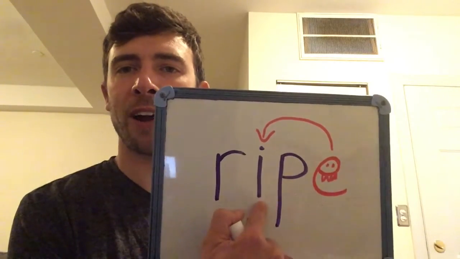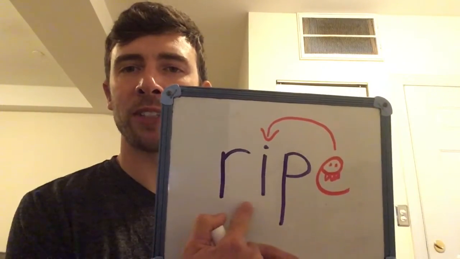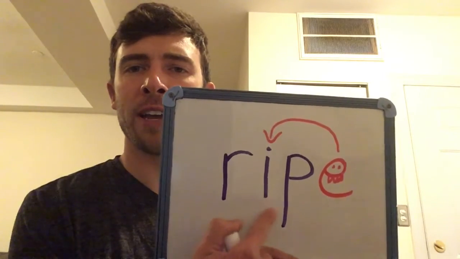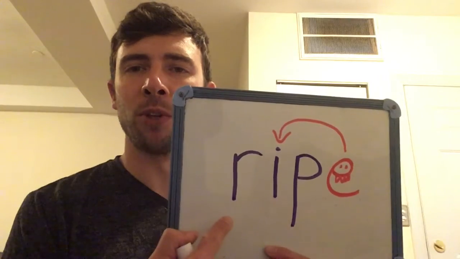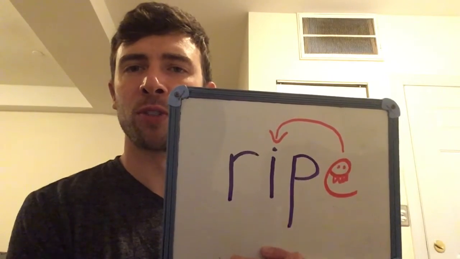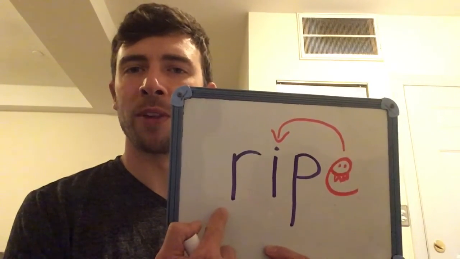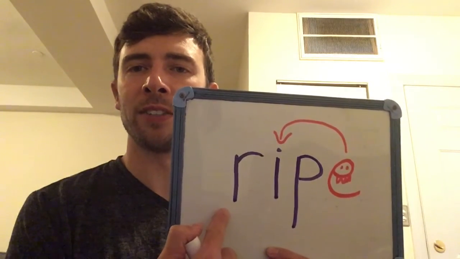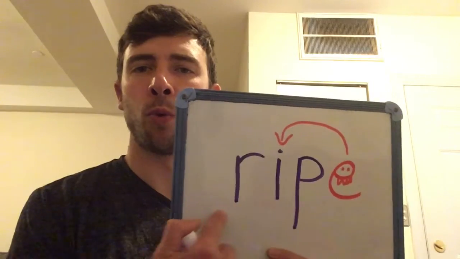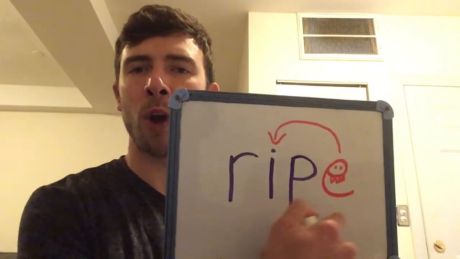It's just here to boss our I around. So now we can read this all together. Ripe. This is something that we look for when we're picking fruits or vegetables. This is something that shows that, or we know that something is good when it is ripe. This word is ripe.